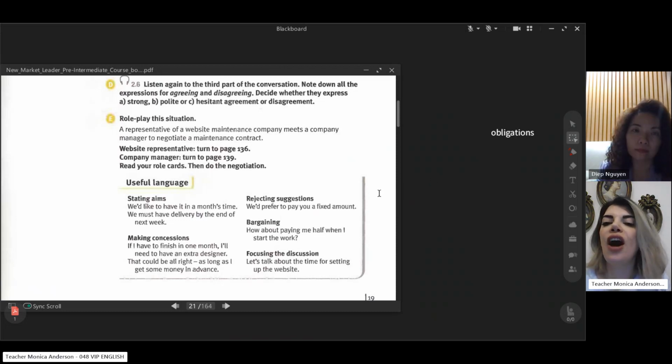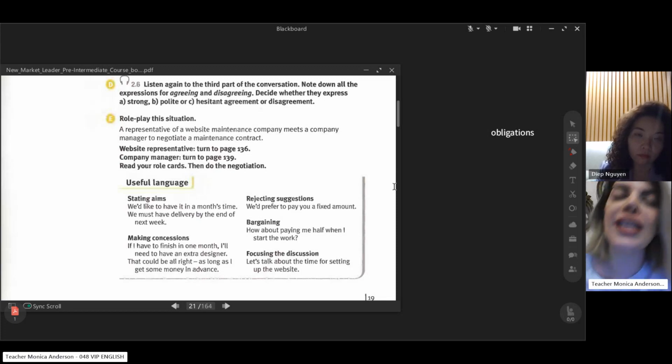Yeah, but they are not the expressions that we say to express agreement or disagreement. How about is used to give another alternative, a second alternative or suggestion. So, how about this, okay?